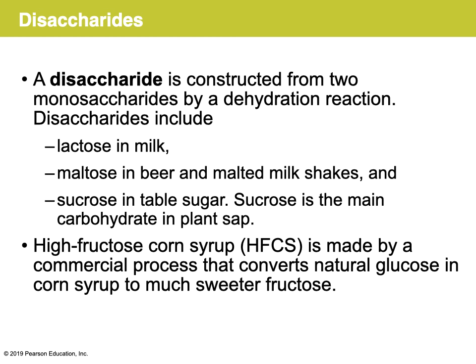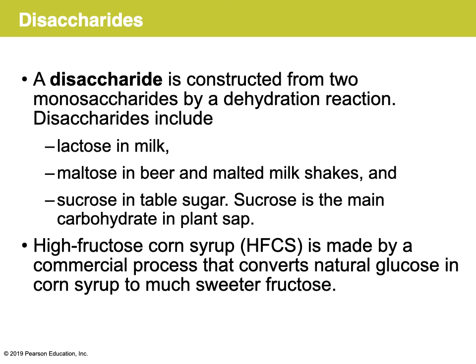High fructose corn syrup, abbreviated HFCS, is made by a commercial process that converts the natural glucose found in corn syrup to much sweeter fructose. A lot of people think that it's just something you would extract, but no, it actually goes through a series of reactions involving genetically modified bacteria.